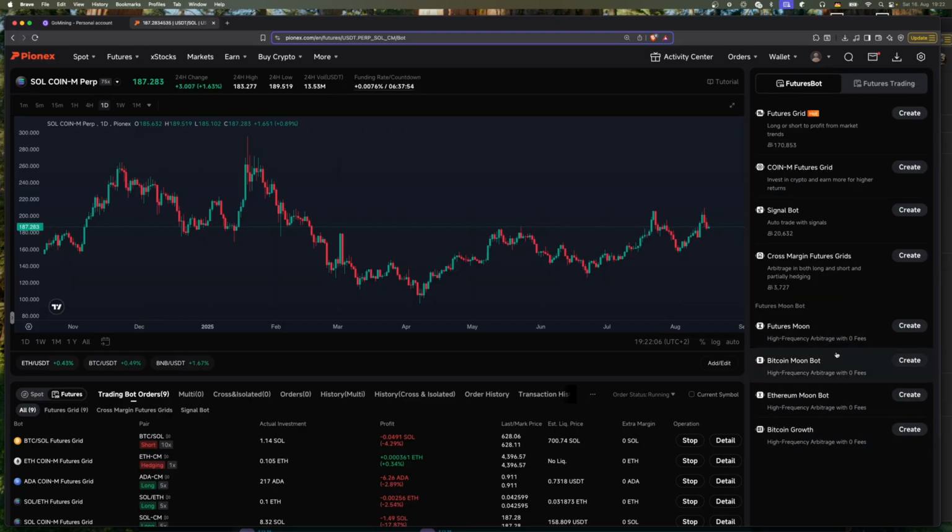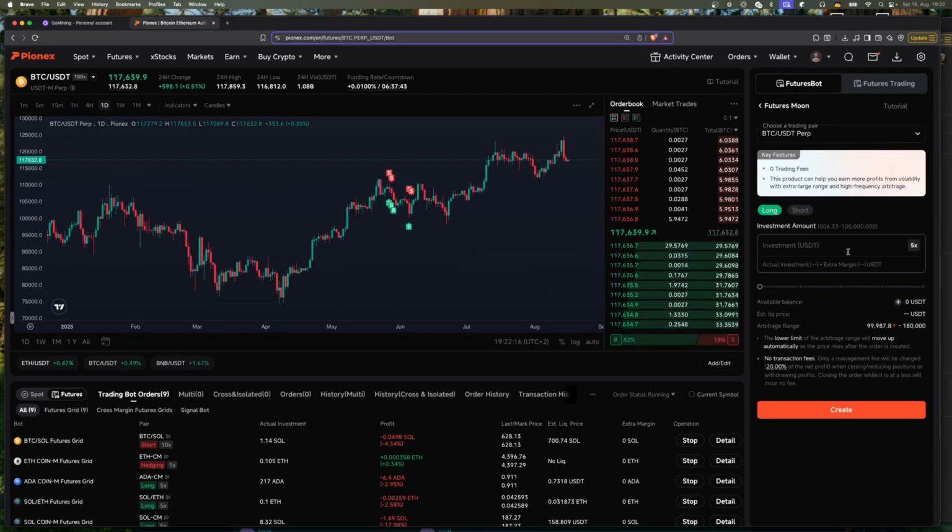Alright, let's talk about the futures moon next. The futures moon and the three below are basically all the same. They are moon bots. The difference to the other bots is that with moon bots, when you create these, you have 0 trading fees. So you will not pay any trading fees, but you will pay 20% when you close or when you withdraw profits, only on the profit.